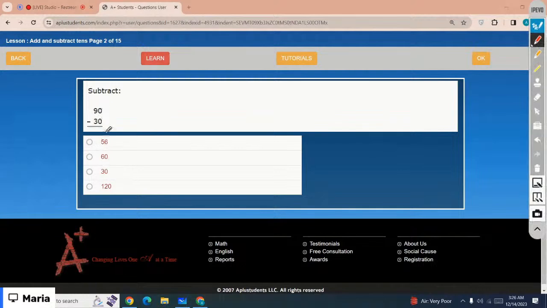We know that 0 take away 0 is 0, right? Just do 9 take away 3. 9 take away 3 equals 6. So the correct option is 60. 90 minus 30 equals 60. Very good. The correct option is 60.